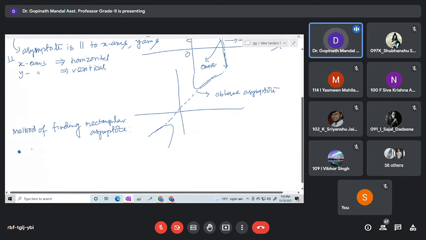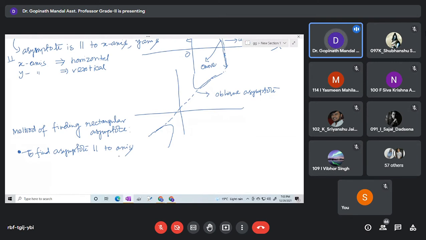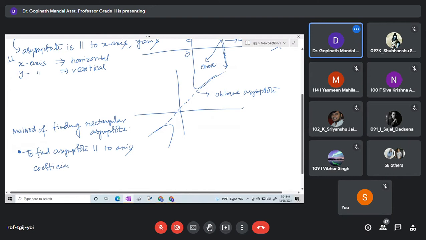To find an asymptote parallel to x-axis, we make the coefficient of the highest power of x equal to 0.